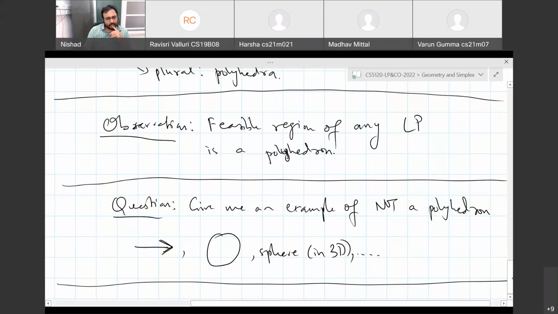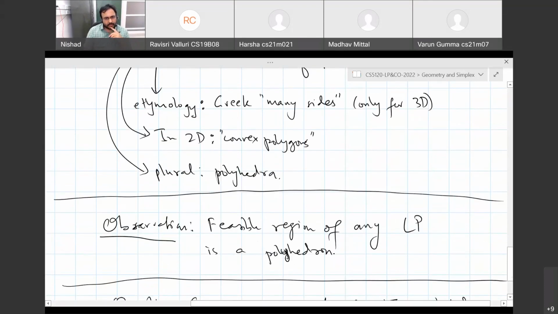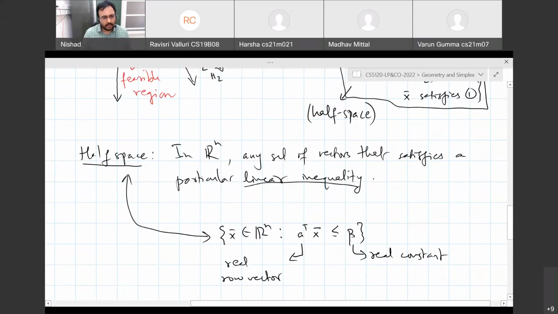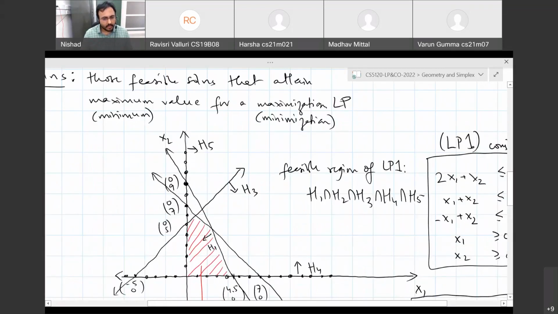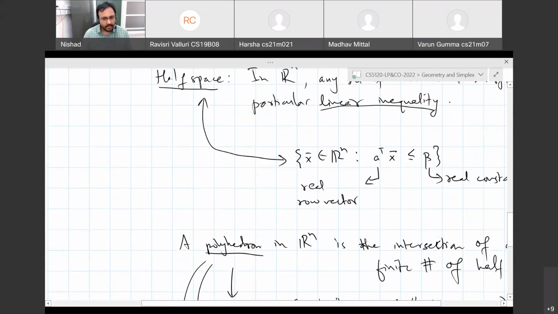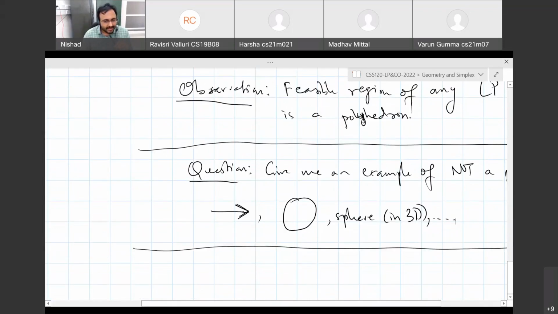Good. Are there any questions or concerns at this point? Sir, I understood why circle and sphere are disqualified because of the infinite constraints. But how is the arrow disqualified from being a polyhedron?